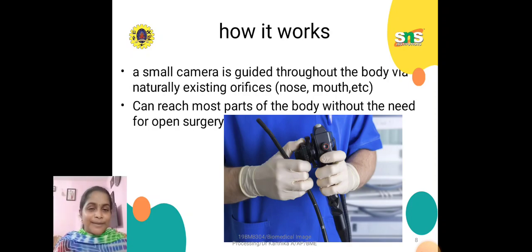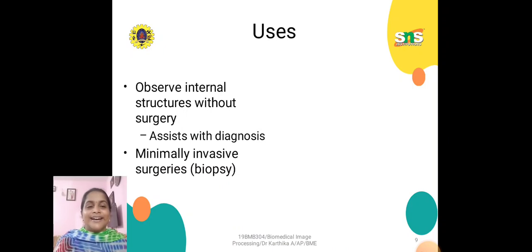Here, a small camera is guided through the body via naturally existing orifices like the nose, mouth, etc. It can reach most parts of the body without the need for open surgery. And it has many uses, like observing internal structures without surgery. It can assist with diagnosis and minimally invasive surgeries, and it is mainly used in biopsy.